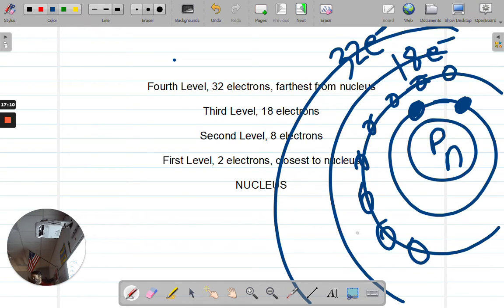I've had a lot of students over the years that remember this because 2/8/18/32. And if you want, I'll even throw in a next. 2/8/18/32. Now that that image and sound is burned into your brain, you'll never forget 2/8/18/32.